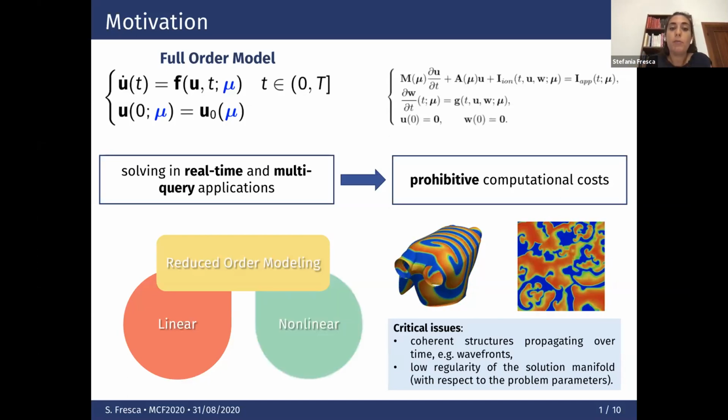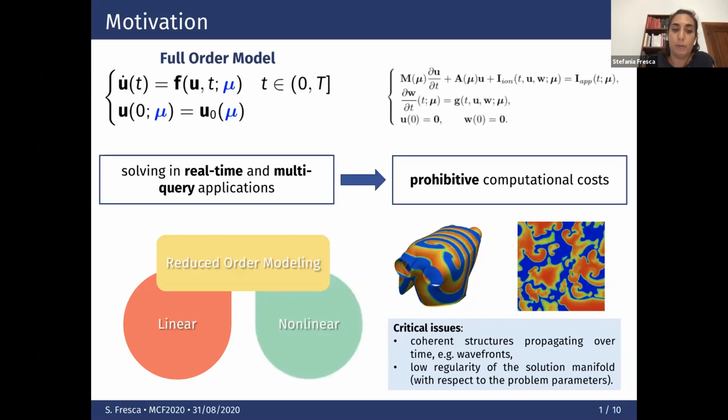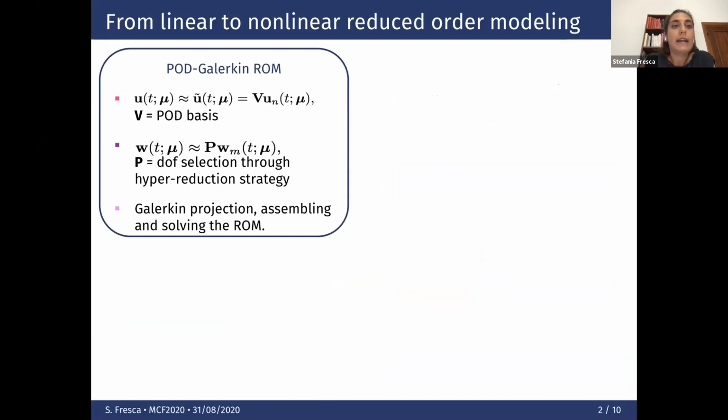Motivated by this, we move to nonlinear reduced order modeling. Linear ROMs look for an approximation of the low-dimensional parameterized dynamical system, called ROM, expressed by a linear combination of basis functions. And POD-Galerkin ROMs are an example of linear ROMs.